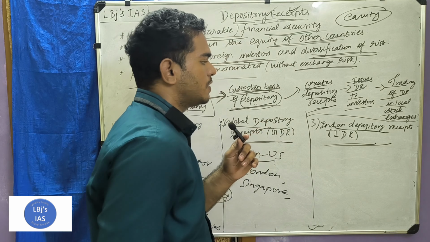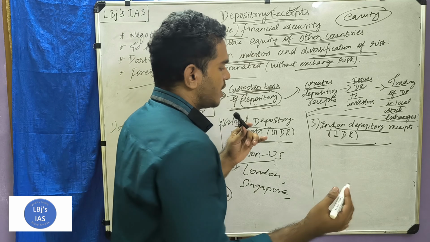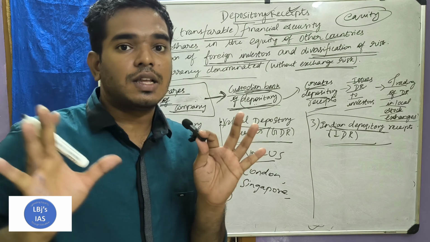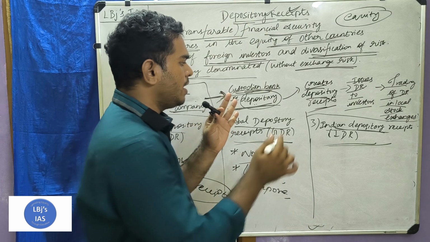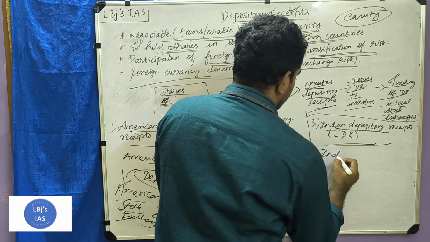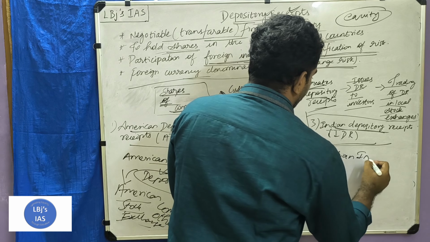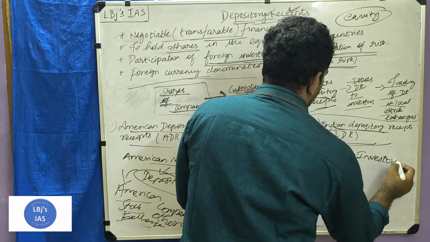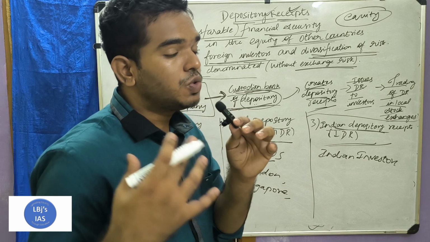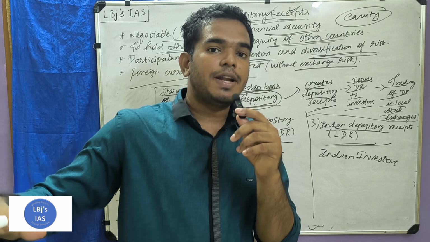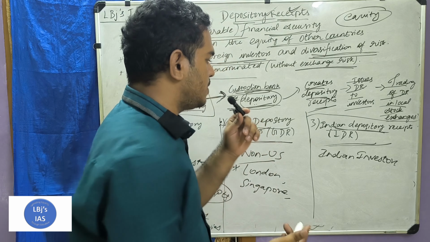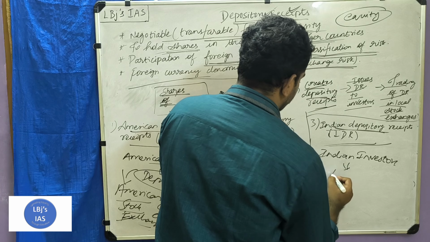Next one is the Indian depository receipt. All the processes are the same. Here, if the Indian investors want to invest in a company of other countries, they will buy depository receipts.